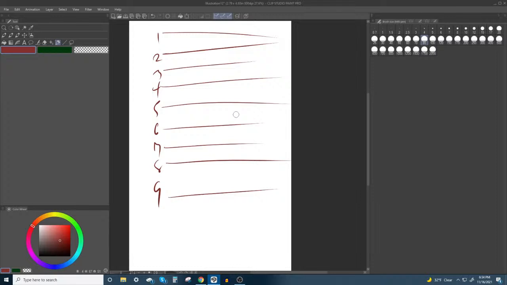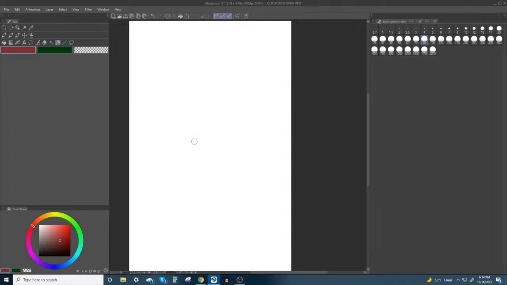What does that mean, 9 types of perspective? Number 1 is our first perspective. If I make one vanishing point, we have just one sense of perspective. Think of first person shooters.